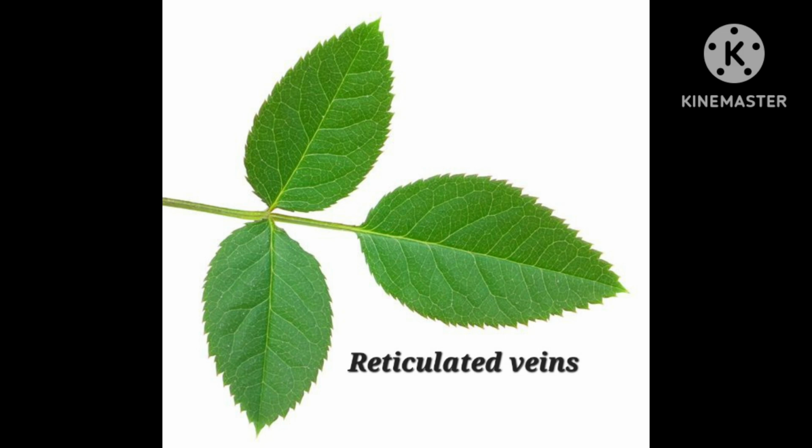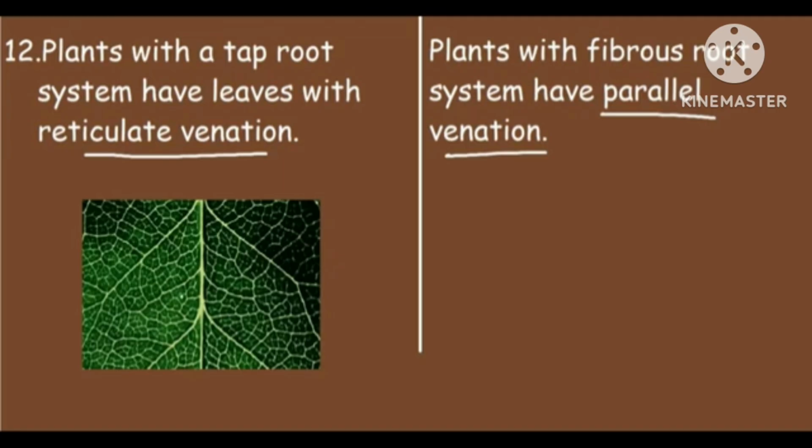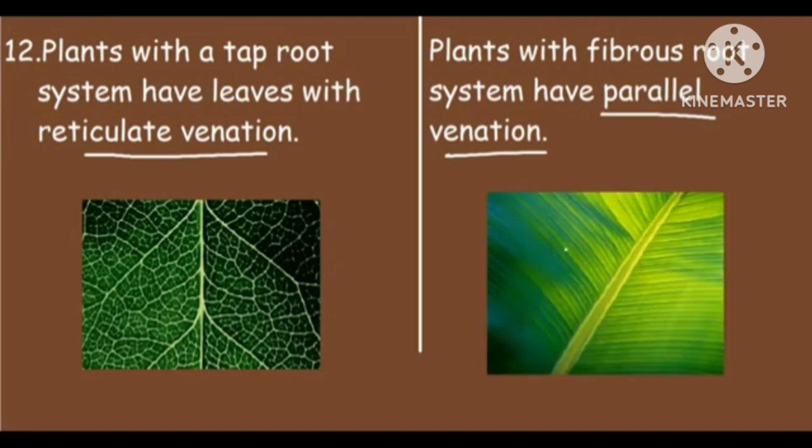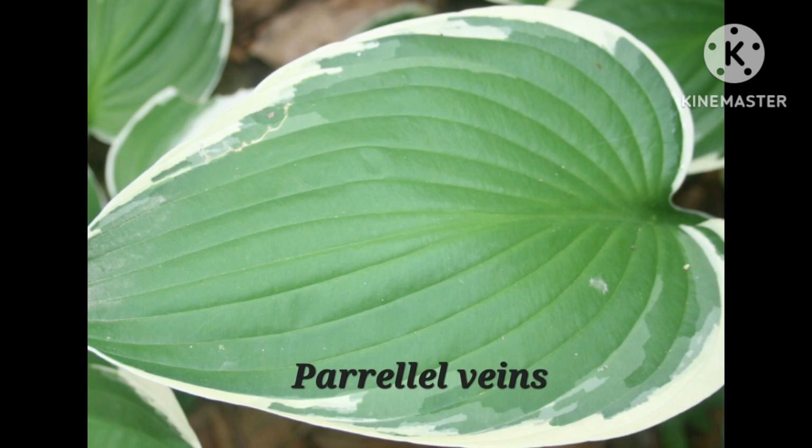Reticulate venation will have lines which are not in the same direction. It will be in different directions. Whereas with parallel venation, the lines will be parallel to each other, connected to the midrib. You can see here the lines are parallel to each other.